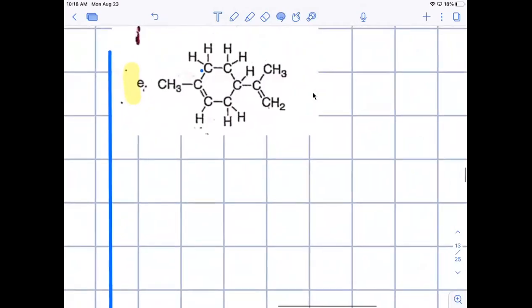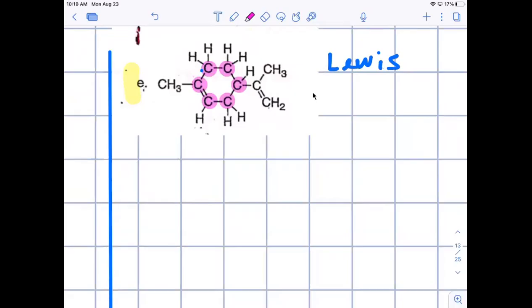Yes. So with rings, there's really no way to write a condensed form for the ring, but we can go from the Lewis form, which is what this is, down to the skeletal form. How many carbons are in that ring? Let's count them: 1, 2, 3, 4, 5, 6.